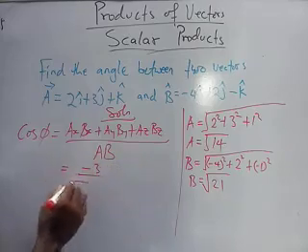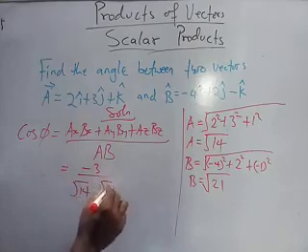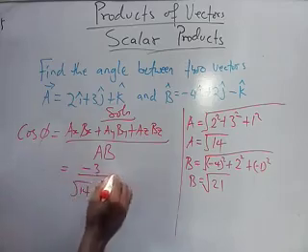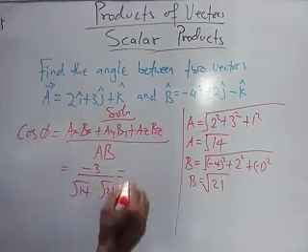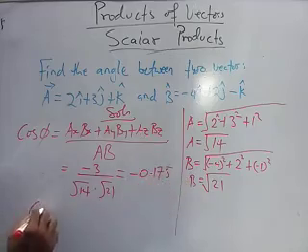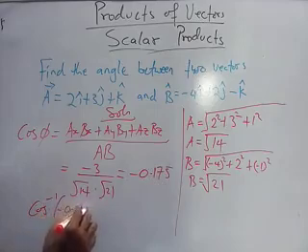AB is root 14 multiplied by root 21. We compute this in the calculator, and this will give you minus 0.175. Now get the cos inverse of minus 0.175.